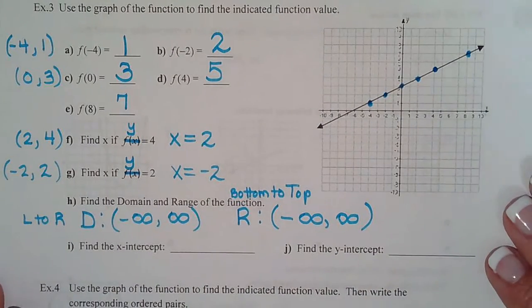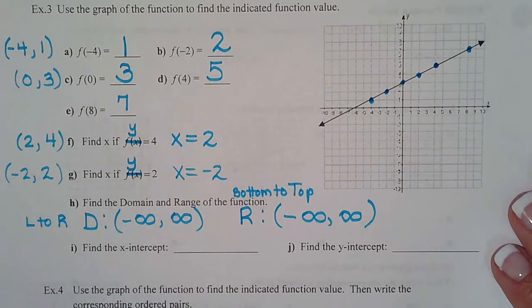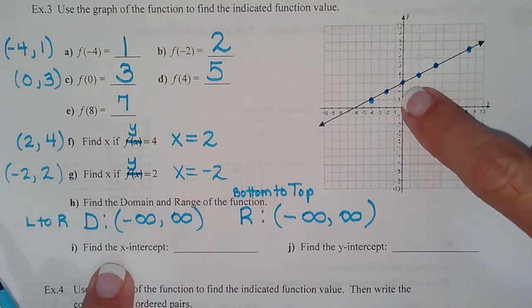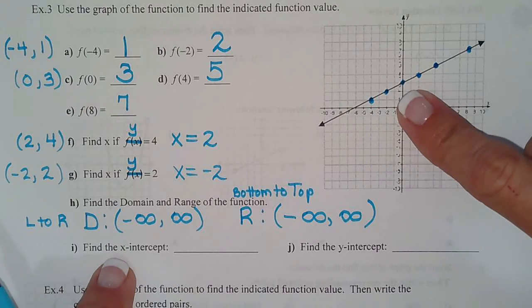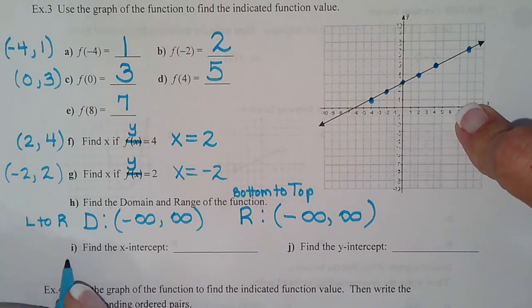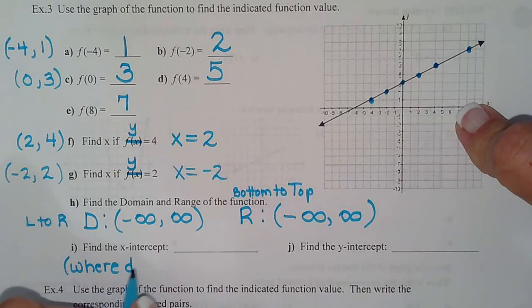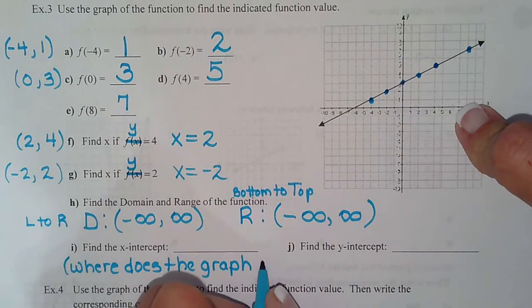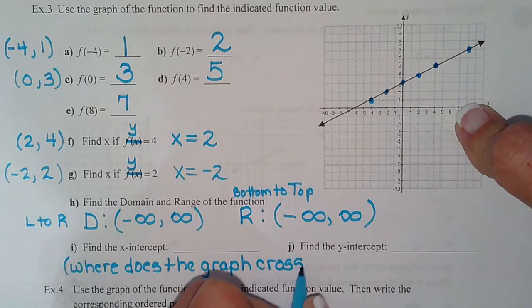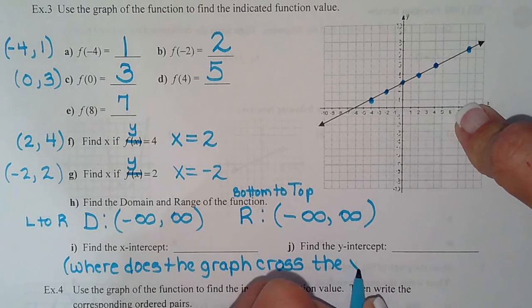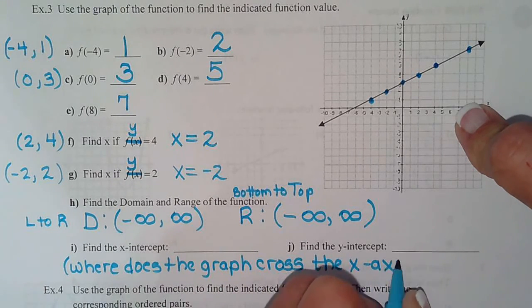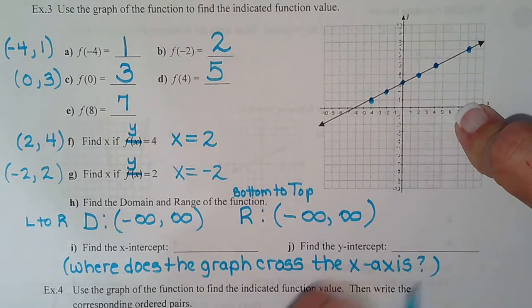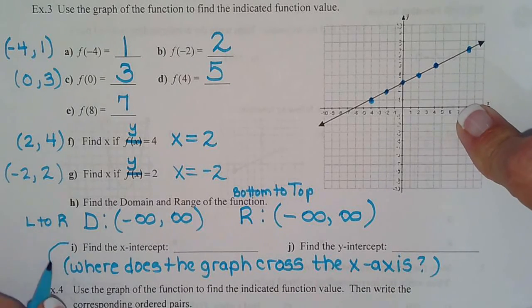X-intercept. So you guys remember that from lesson 3 that we did on Monday. X-intercept is where the graph crosses the x-axis. That's what that's saying.